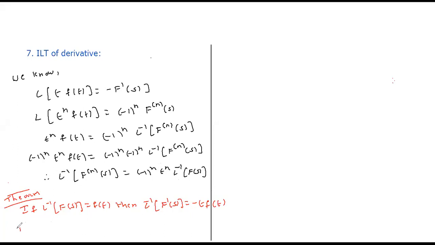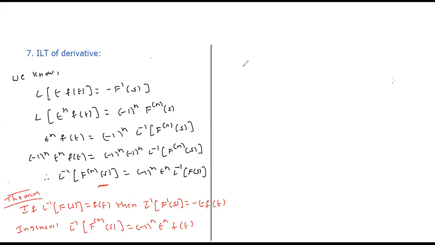So in general, L inverse of the nth derivative of f of s is equal to minus 1 whole power n t power n f of t. Is that okay? So what is this property called? Inverse Laplace transform of a derivative.